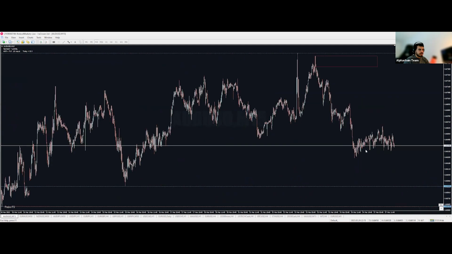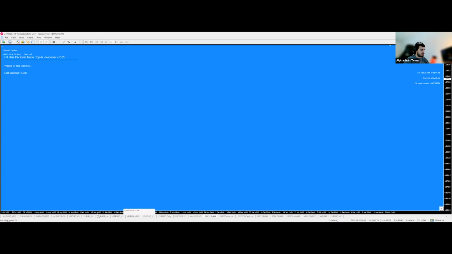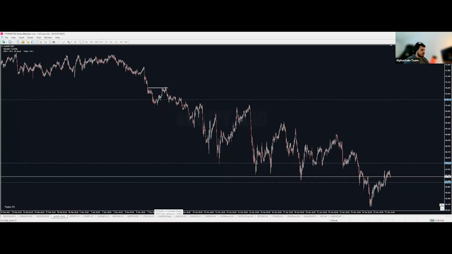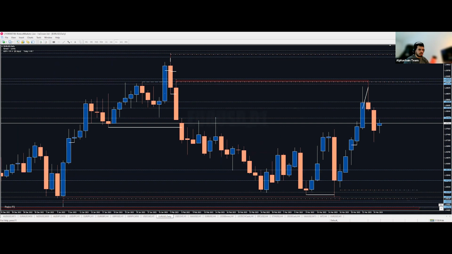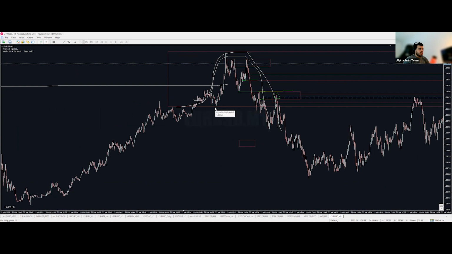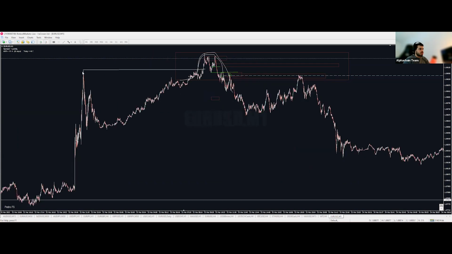Something that I've mentioned as well, and actually this euro example. Wait, not this one. The euro is a good example. Oh, this one, I'm using this one. I mentioned that usually in terms of looking for a fake out or a breakout, and it goes in alignment with what I mentioned before, usually you have some kind of demand zone in alignment with this break.